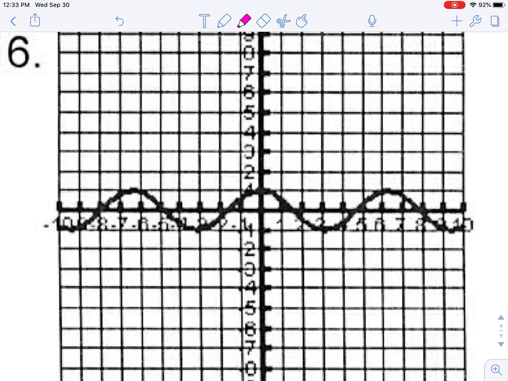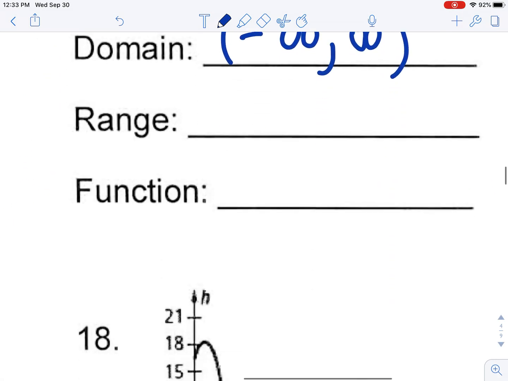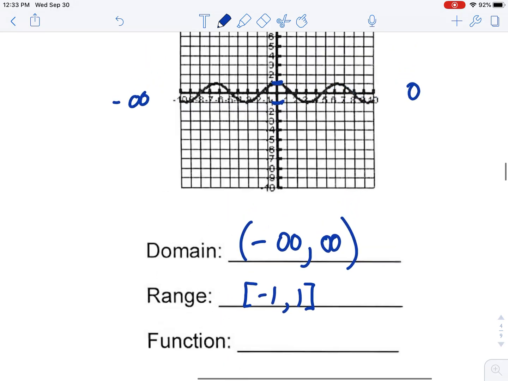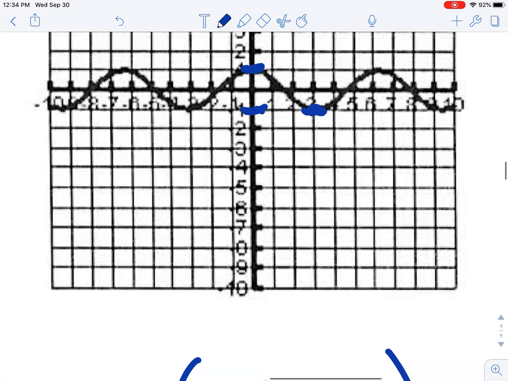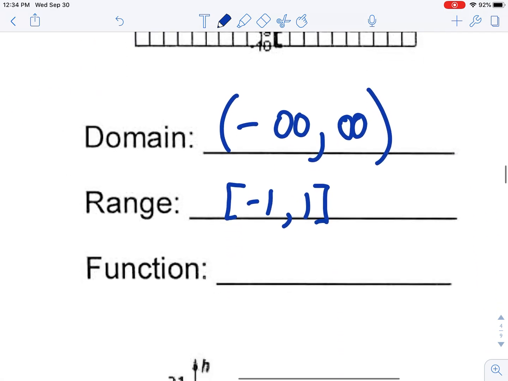What's the lowest point on this graph? It looks like -1. And what's the highest point? +1. So the range is bracket -1, +1, bracket. Again, they're brackets because these actually do go to the point -1. It reaches that value. It's not like infinity where you can never reach it. So that's why there's brackets there.